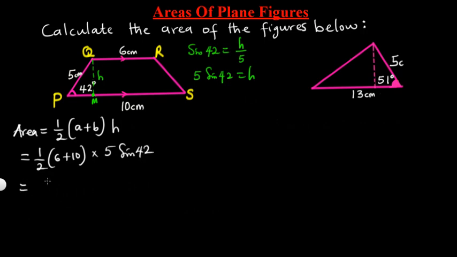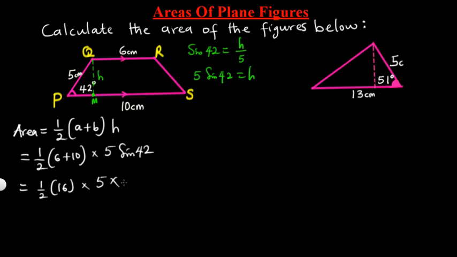So going further, that becomes 1 over 2 multiplied by 16 multiplied by, here you can try this with your calculator, you do 5 multiplied by sine 42.